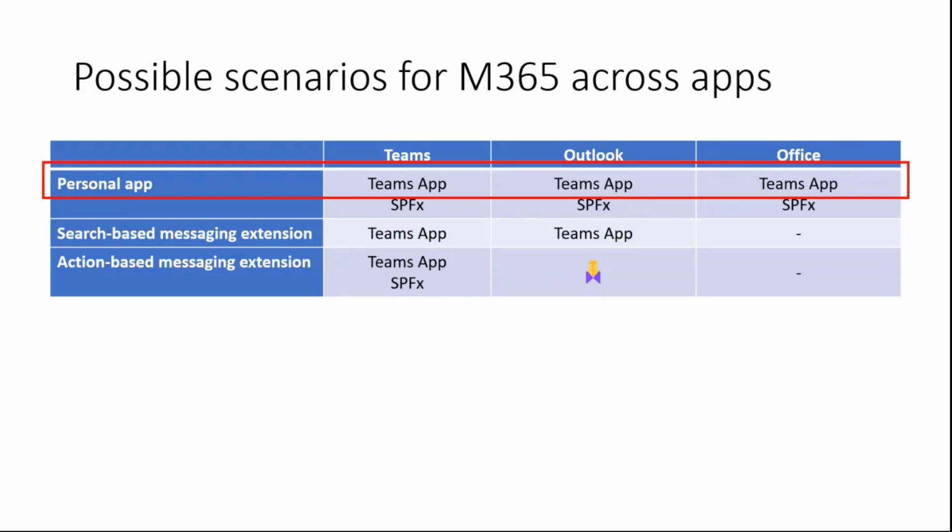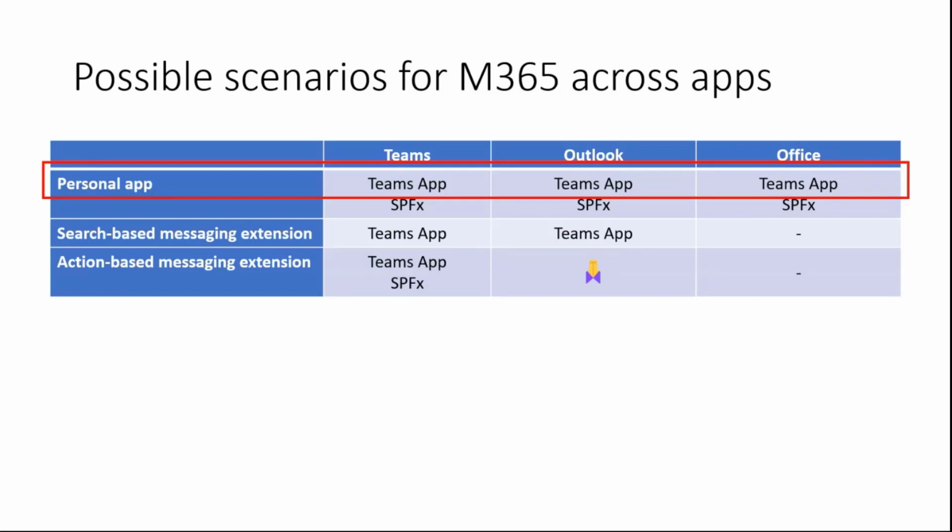What I did not show here, but what is also available, are so-called search-based messaging extensions. They can be realized in Teams since, I don't know, a couple of years, and since recently also in Outlook. So we can pick cards from your search results and put them directly into an Outlook compose window.